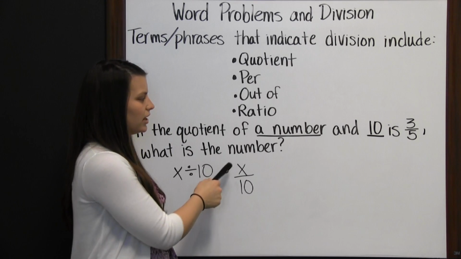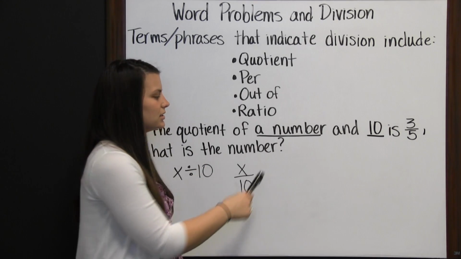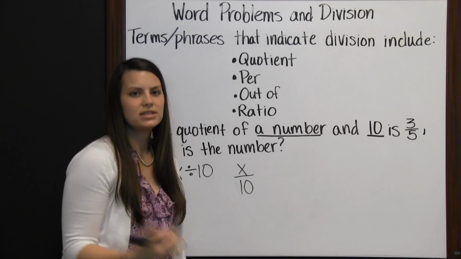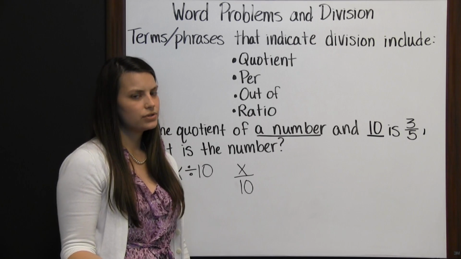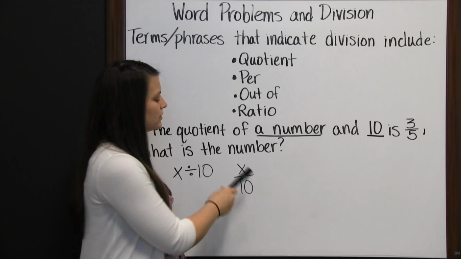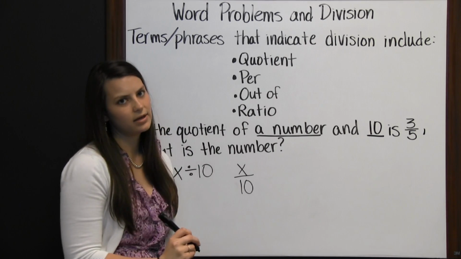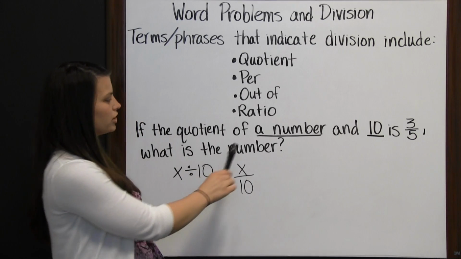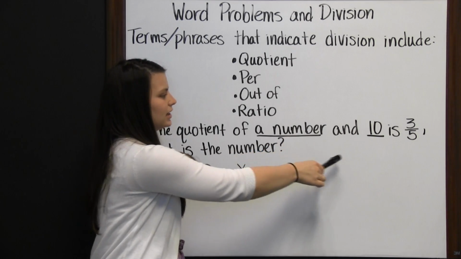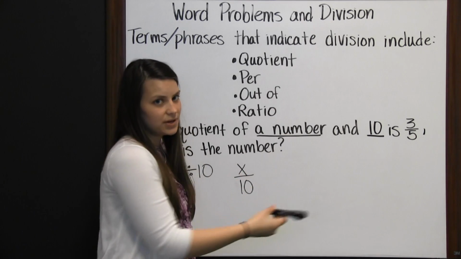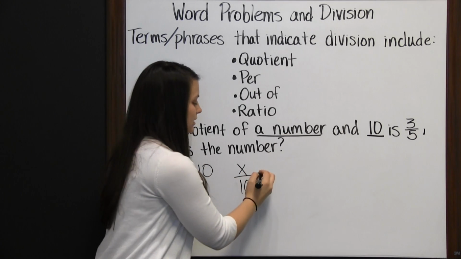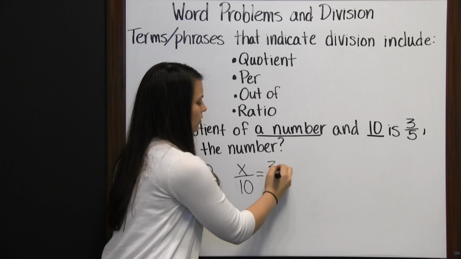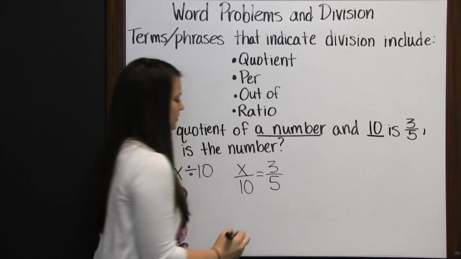And you'll see here that I put x, because we don't know that number. It just said a number. So when we don't know a number, we use a variable in place of that. Let's finish the sentence. If the quotient of a number and 10 is 3/5, is equals 3/5.